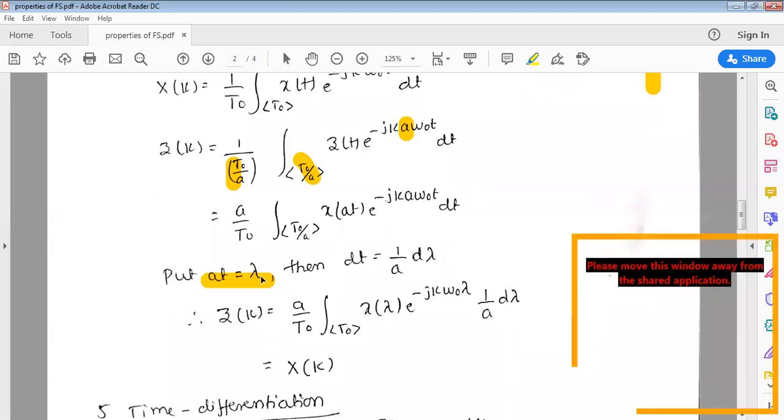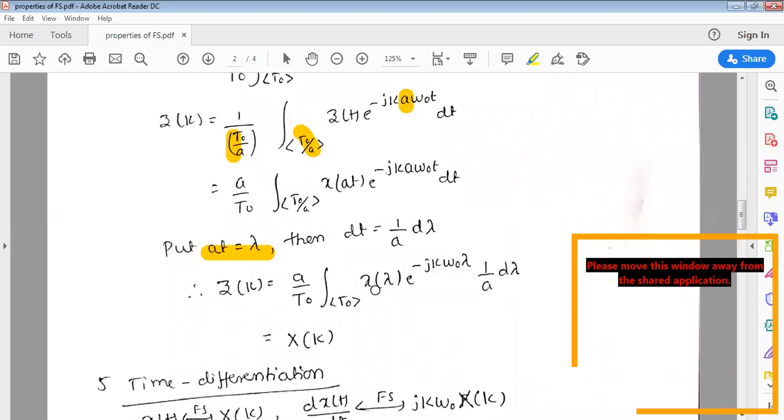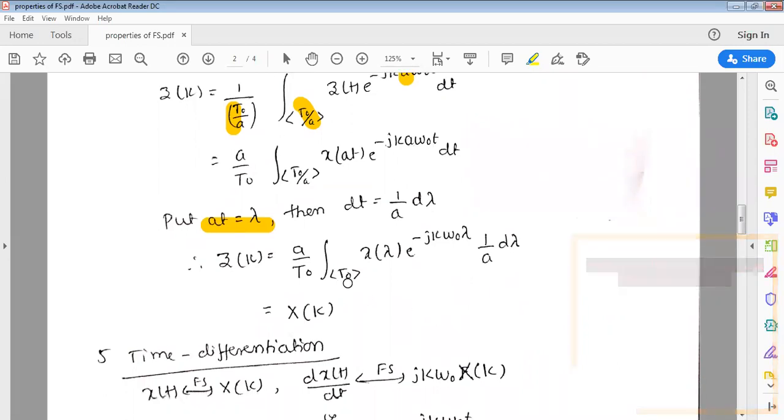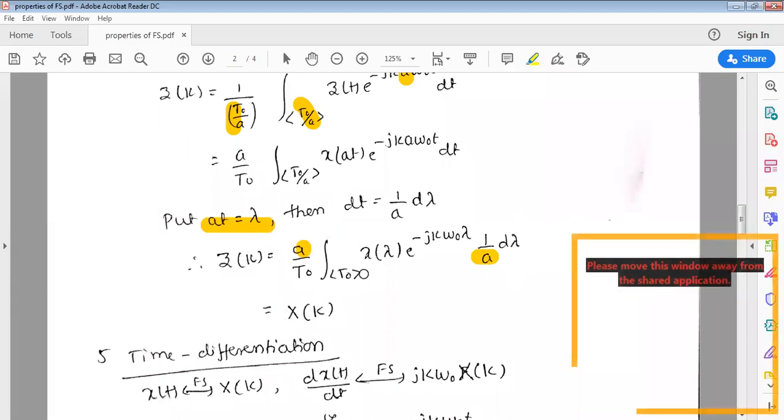Therefore z of k is equal to a by t naught, integral over a period of t naught by a, of x of lambda e power minus jk omega naught lambda, with dt equal to d lambda by a. Now this a cancels with this a. So what you have is 1 by t naught, integral over a period of t naught, of x of lambda e power minus jk omega naught lambda d lambda.